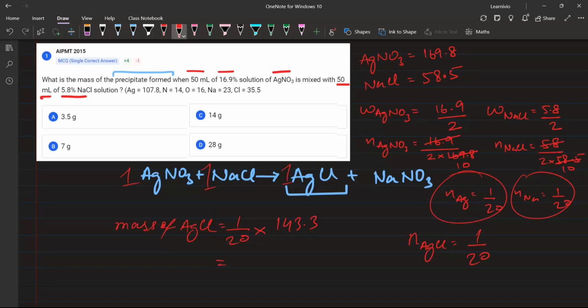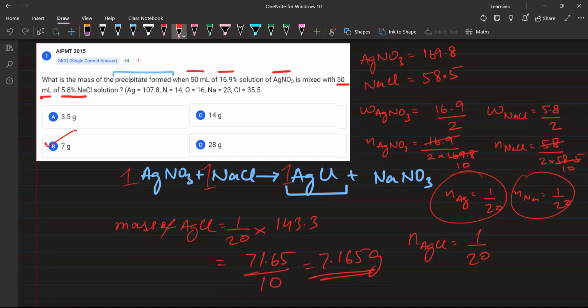What is half of 143? Approximately 70 will come, so 71.65 divided by 10, because we divide by 2. So it is 7.165 grams. So the nearest integer will be 7 grams. That will be the answer.